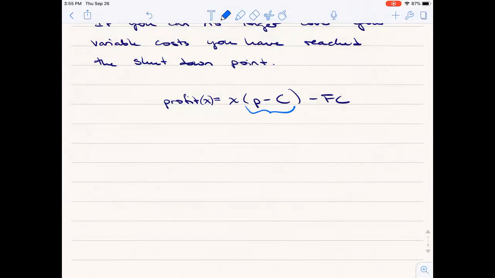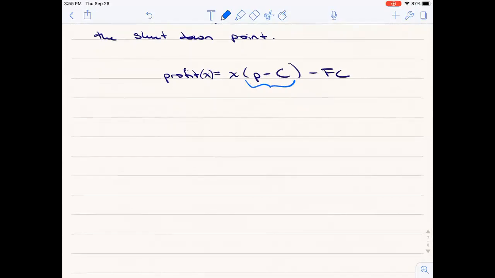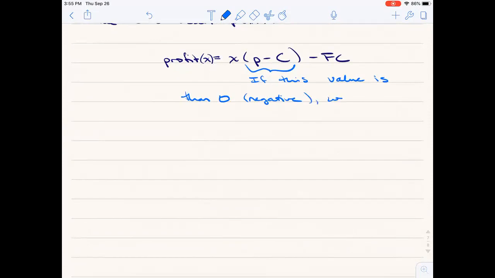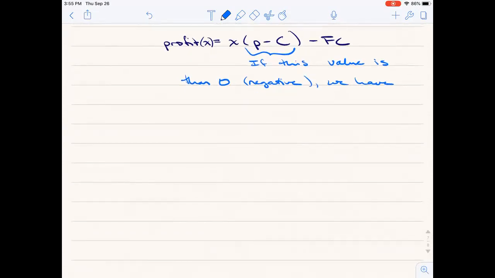So looking at this little guy here, P minus C, if this value is less than 0, so negative, right, making it negative, we have reached the shutdown point.